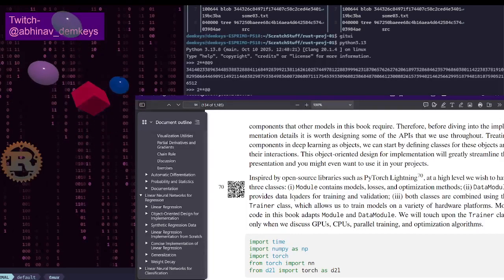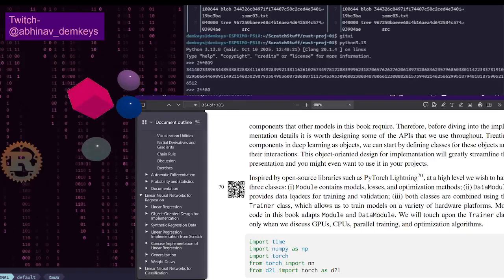They mentioned the following. Inspired by open source libraries such as PyTorch Lightning, at a high level, we wish to have three classes.